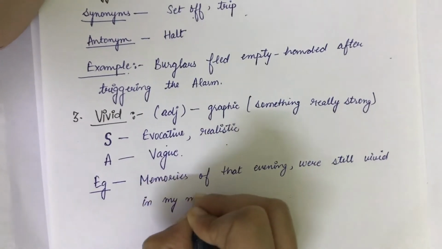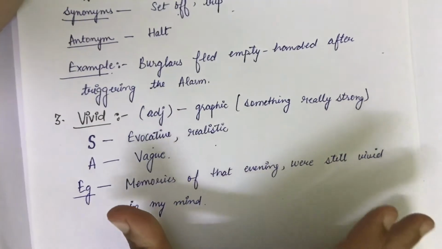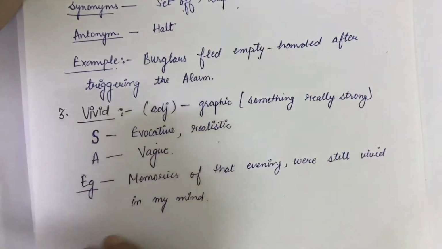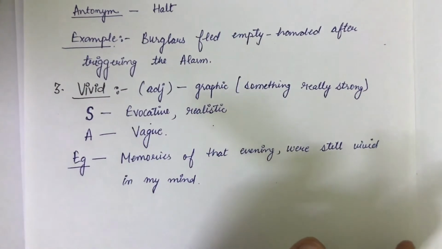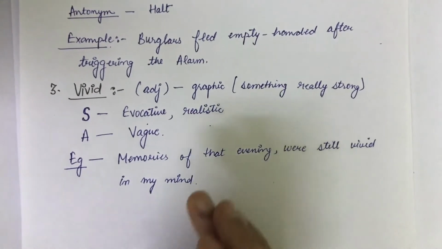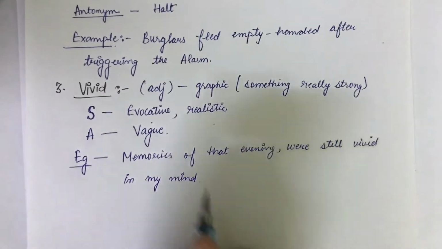Okay, so what I am trying to say here is that memories of that evening, for example, I am talking about some occasion or some evening, so memories of that evening are so strong and are still in my mind. Okay, so this is how you can use the word vivid.